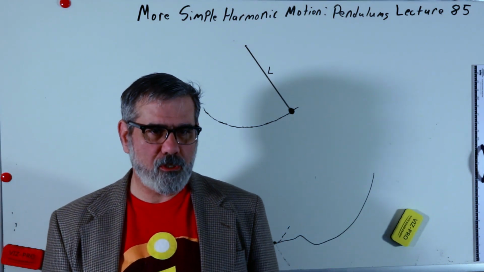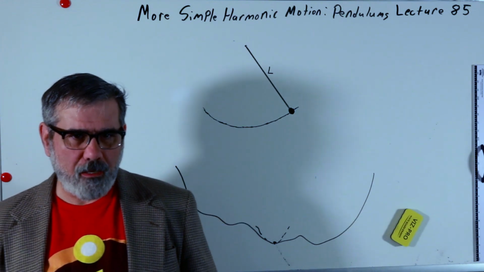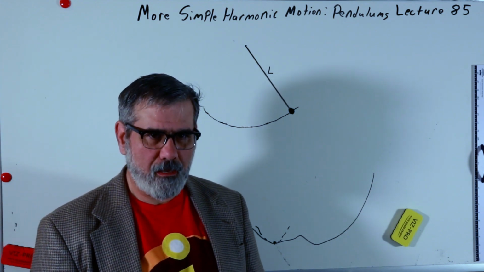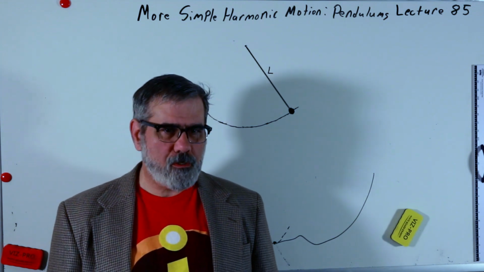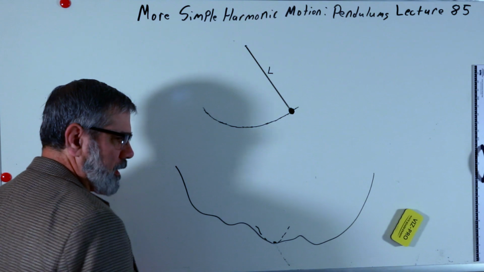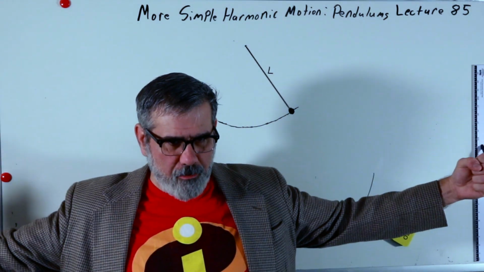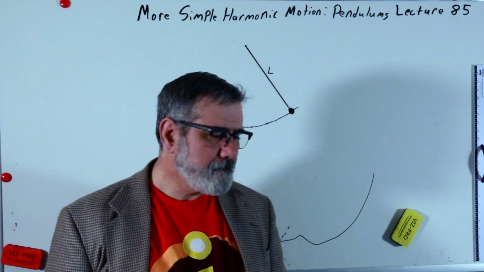Remember, the parabola was the shape for our potential energy curve for the mass on a spring. So it also means that the force is proportional to the displacement, Hooke's law, essentially. So everything is Hooke's law to a first approximation, as long as you don't get too far away from this point. So in the case of a spring, that means that the oscillations can't be too large. You stretch the spring out too far, it's going to be inelastic at that point.